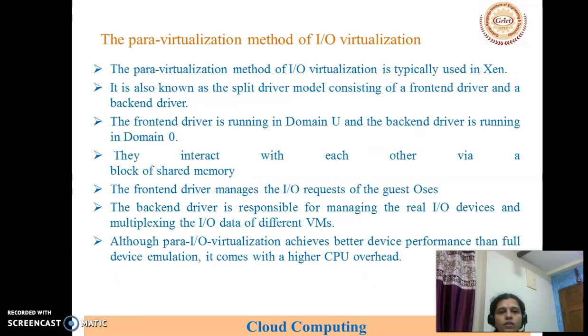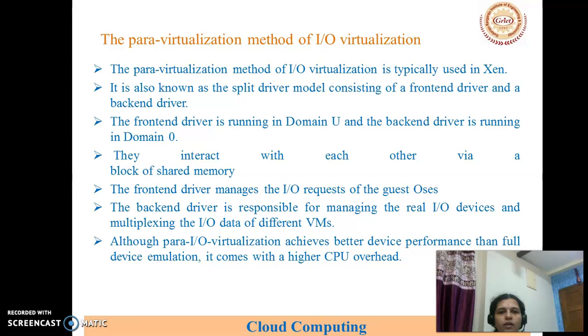Next, we will learn about the para-virtualization method of I/O virtualization. It is typically used in Xen. It is also known as the split driver model, consisting of a front-end driver and a back-end driver. The front-end driver runs in domain U and the back-end driver runs in domain 0. They interact with each other via a block of shared memory.